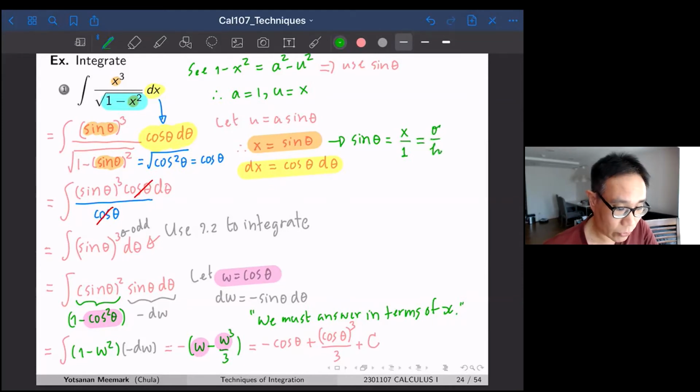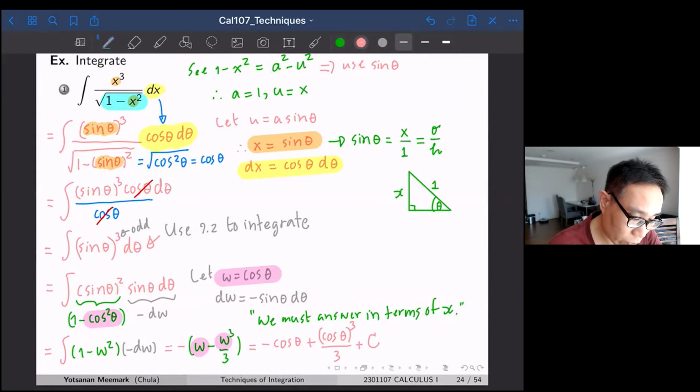So you draw a right triangle with angle theta, where x is the opposite side and 1 is the hypotenuse. Then you'll be able to solve for the other side.